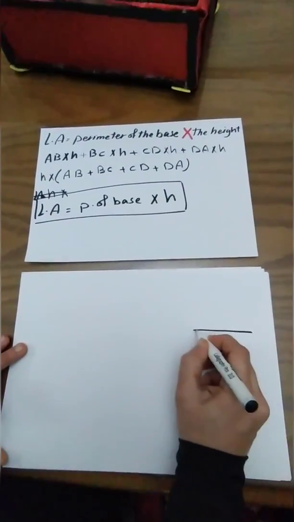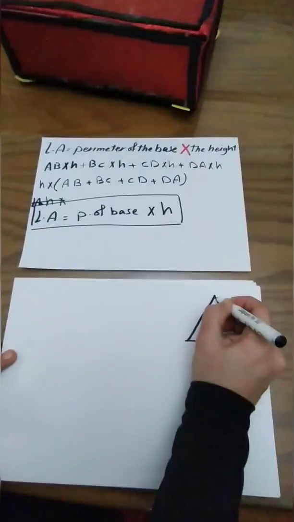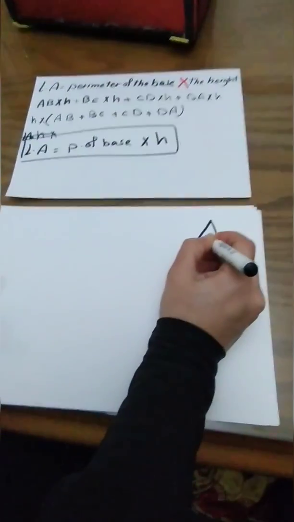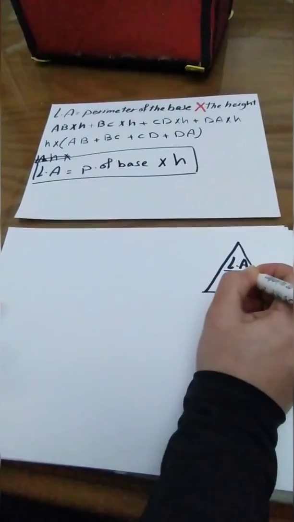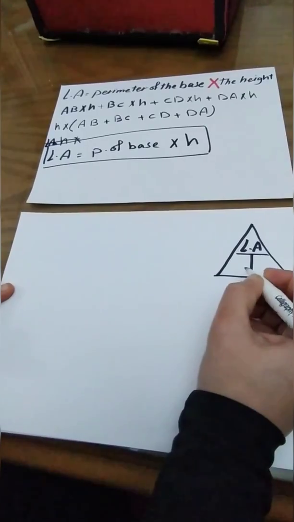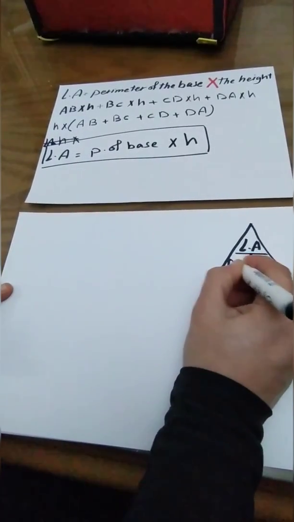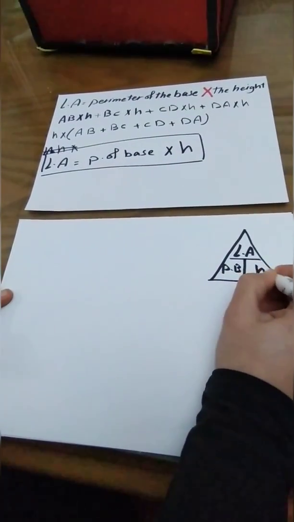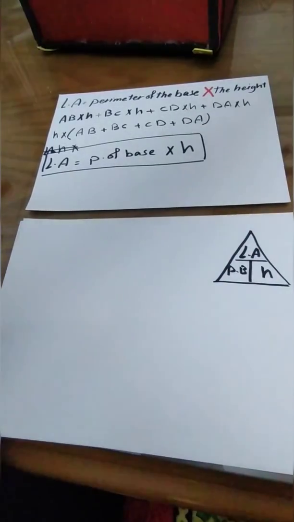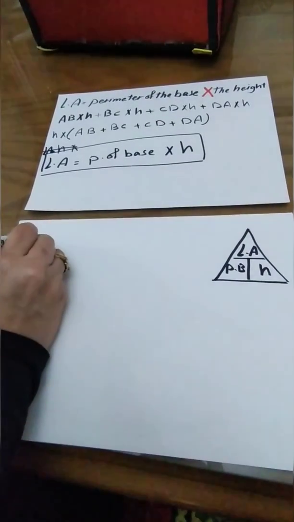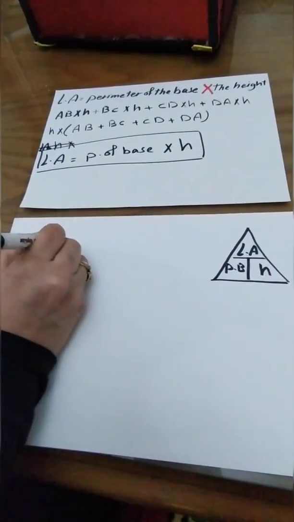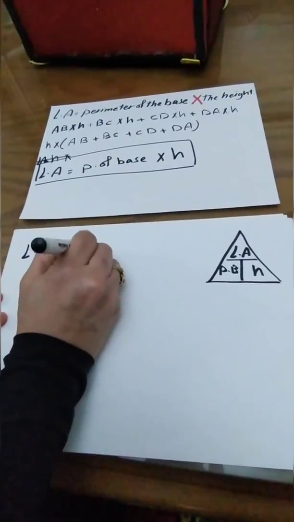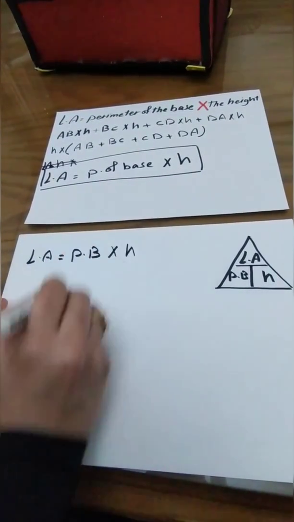So here, from this rule, I can deduce some other rules. If I have here lateral area, and here, you know the magic triangle, perimeter of base, and this is height. We said lateral area equals perimeter of base multiplied by height.